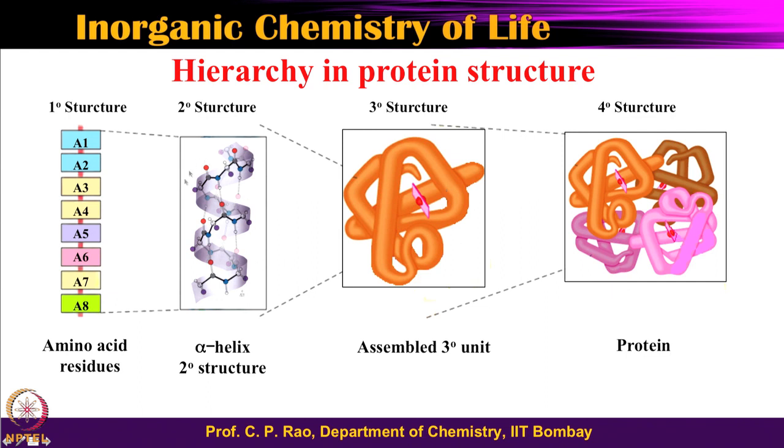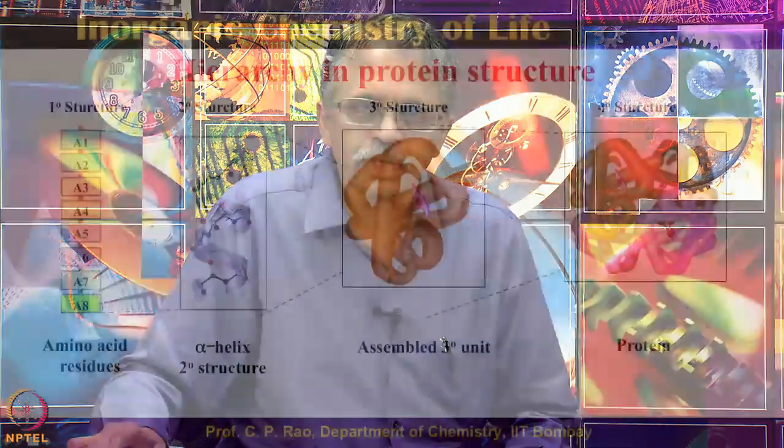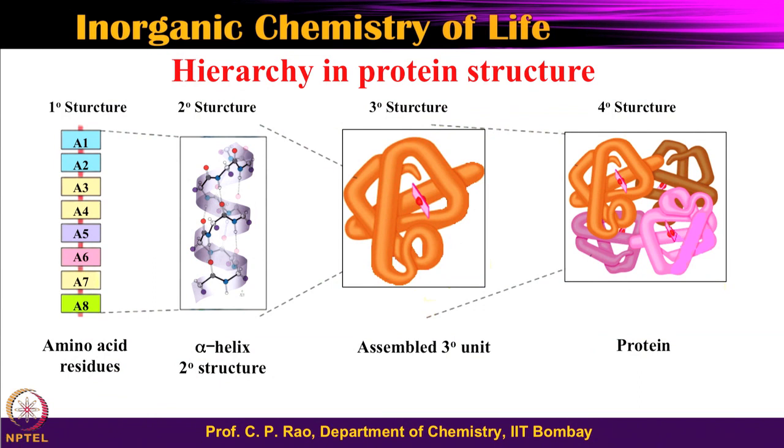As an example, only one secondary structure is shown, but you can have other ones also. This is the protein structure hierarchy. This is very important because we will later be talking about protein function. The protein function does not come from the primary structure or the secondary structure; it comes from the tertiary structure and can even come from the quaternary structure.